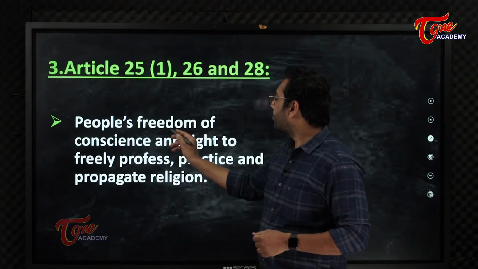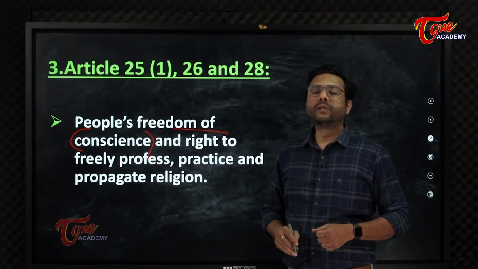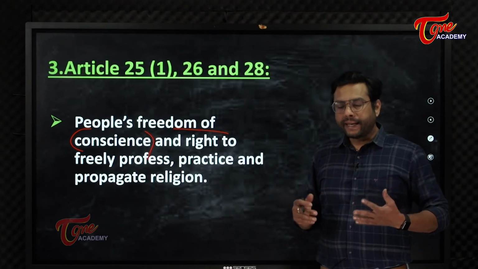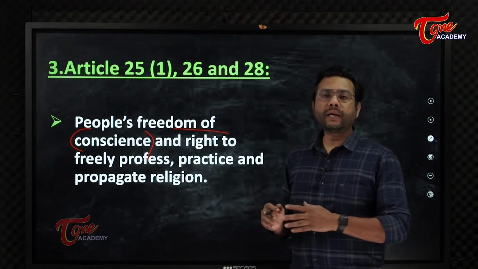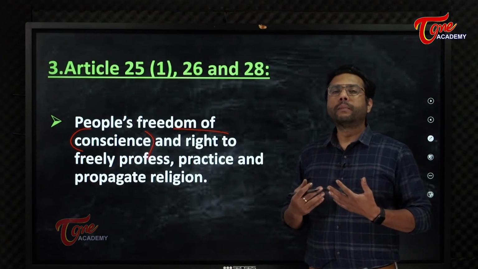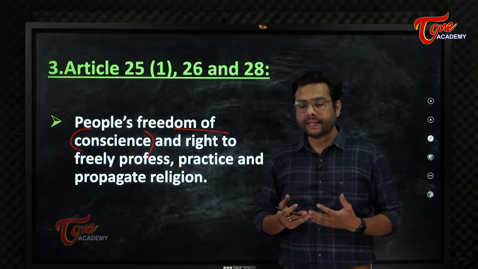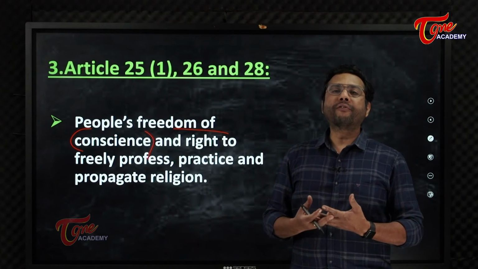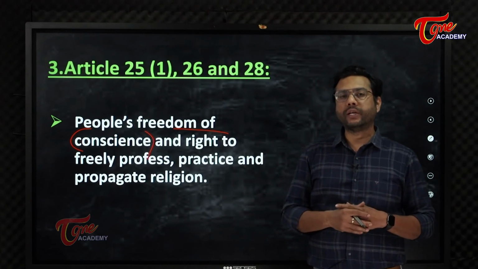So this is freedom of conscience. Freedom of conscience, Article 25. Any person can take any religion, not forcefully, but by conscience. That is, by his intuition, by his own conscience, a person can take any religion, and he can openly propagate such religion and openly practice such religion.